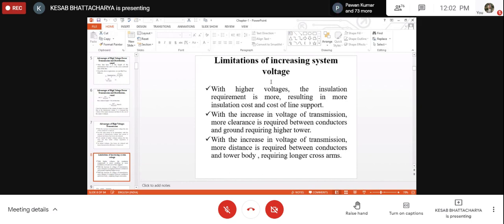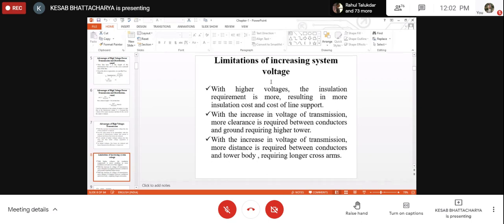Now again, you all know that for any live conductor, depending upon the voltage at which the conductor is being operated, adequate clearance from the ground objects has to be maintained. It is also valid in the case of transmission lines.